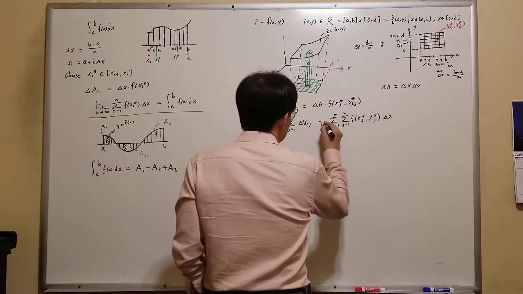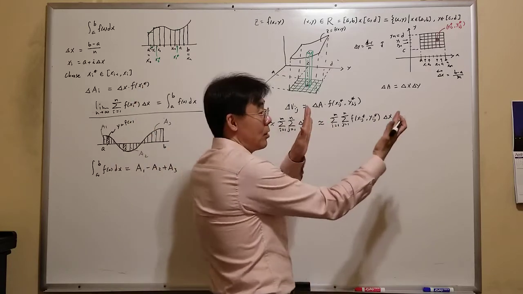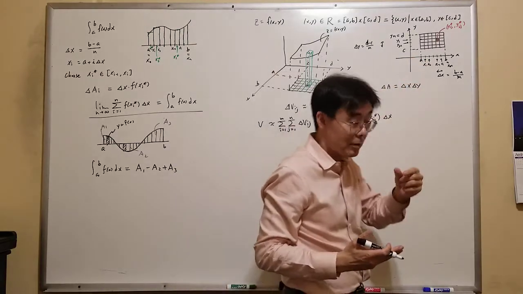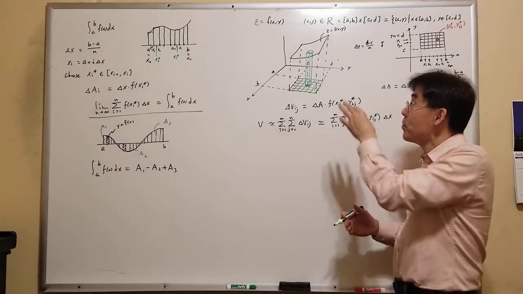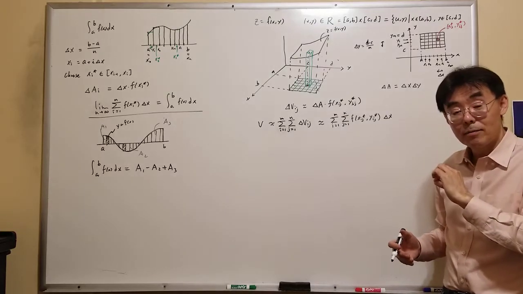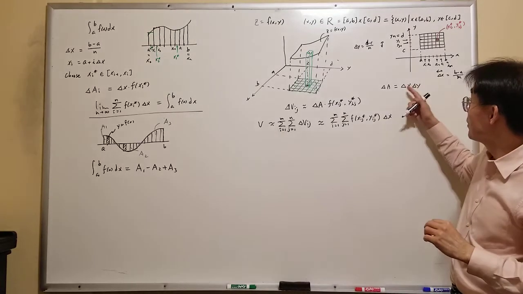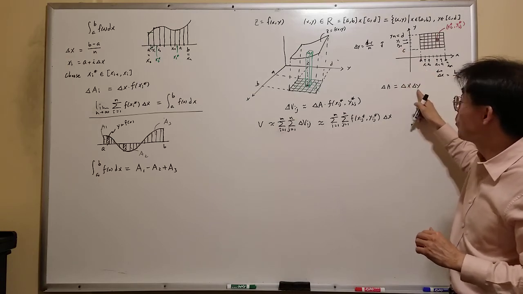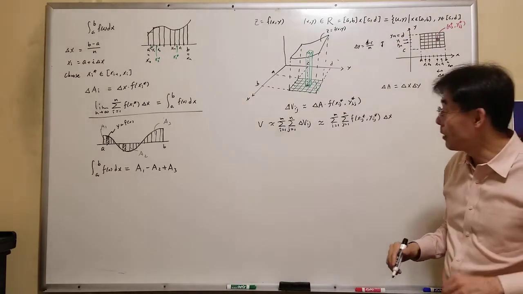But just like in the one-variable case, the smaller these subrectangles become, the better the approximation, right? Delta x getting smaller and smaller means m goes to infinity. Delta y going to 0 when n goes to infinity.